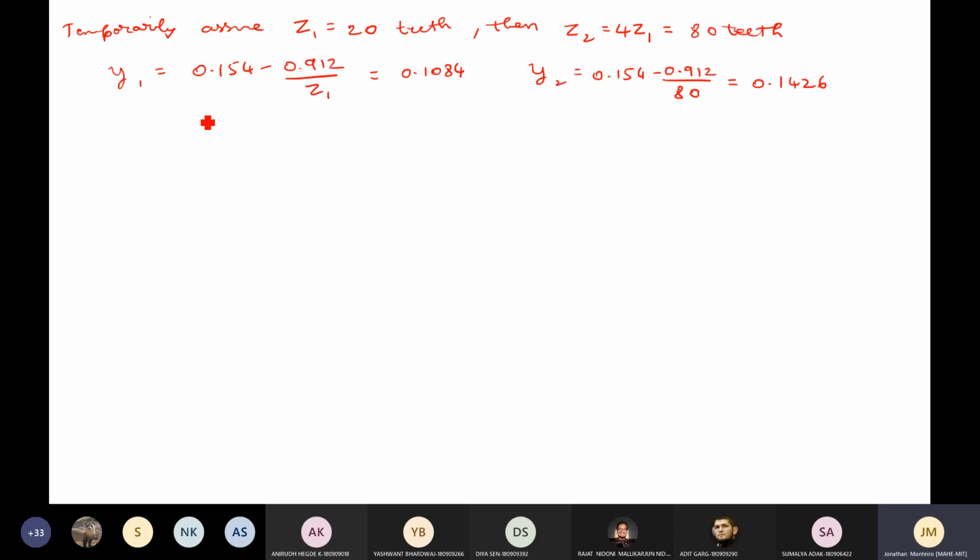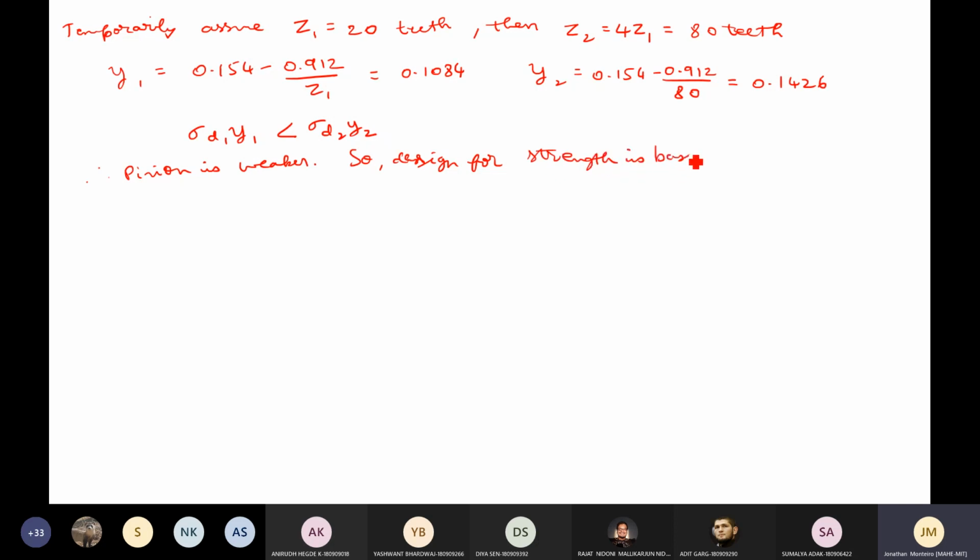Either way, you can directly write like this: sigma d1 y1 will be lesser than sigma d2 y2, because sigma d1 and sigma d2 are both of the same value, so obviously the product will be lesser. So the pinion is weaker. So design for strength is based on the pinion.